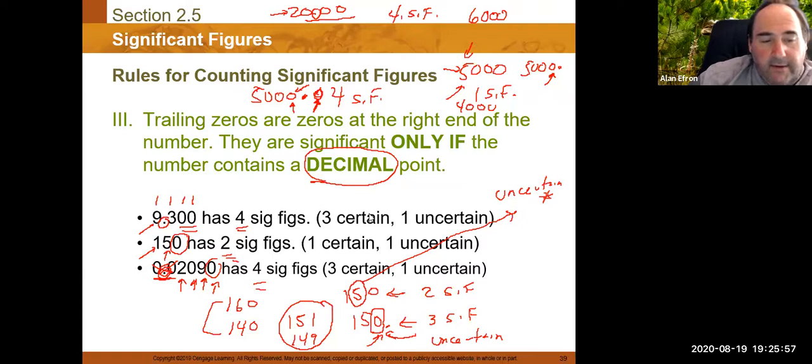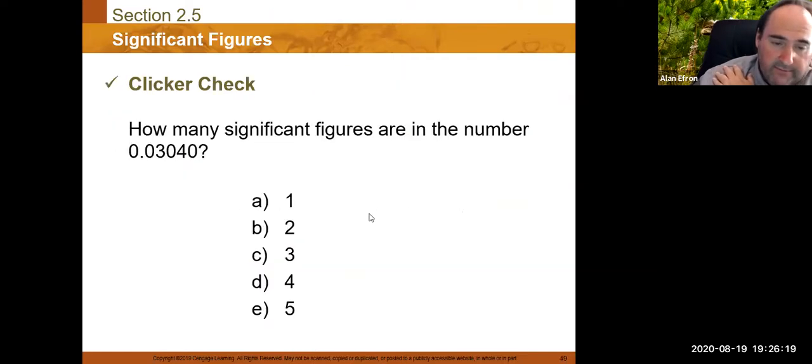That is exactly right. So in terms of writing significant figures, there may be only one way to write something with the correct number of significant figures, and that way is to use scientific notation. There is a difference between 50 point and 50.0. So for example, 50 and 50.0.